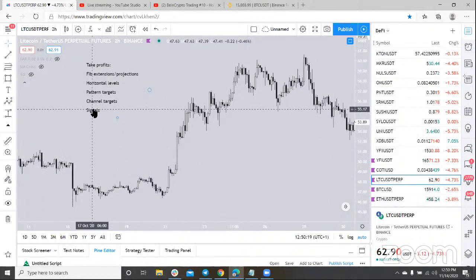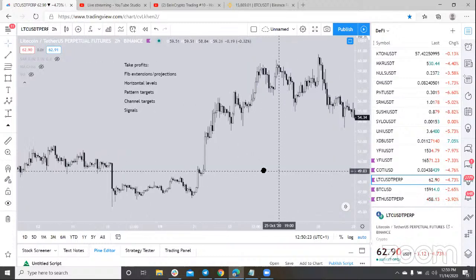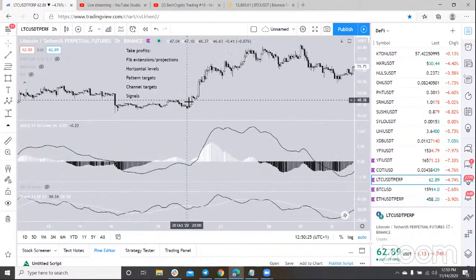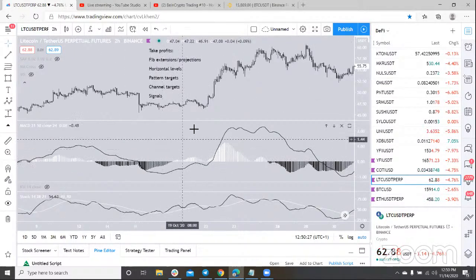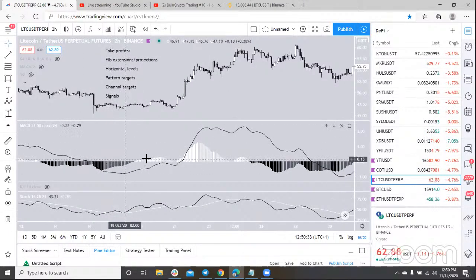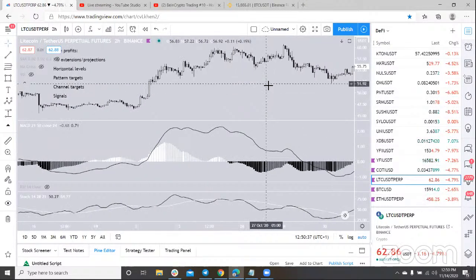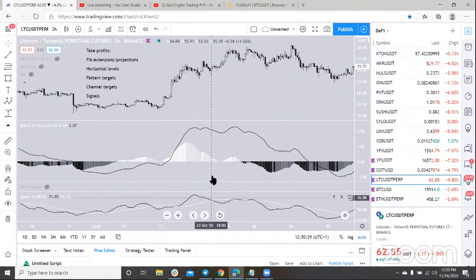Now, I'm going to do signals first just because it's very similar to the entry, so let's get it over with, and it's the shortest one. So if I use my usual entry method, right? So the MACD and the stock here to enter, I would use the same thing to exit as a take profit.